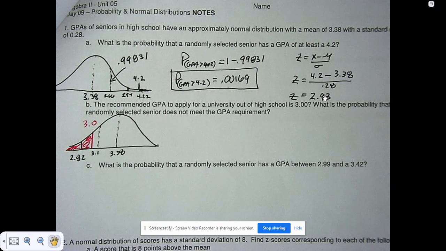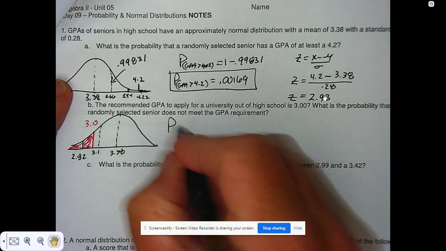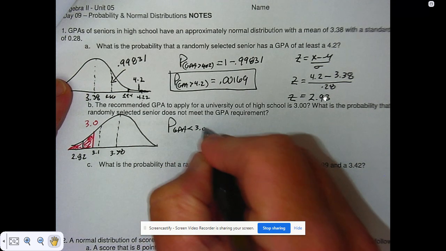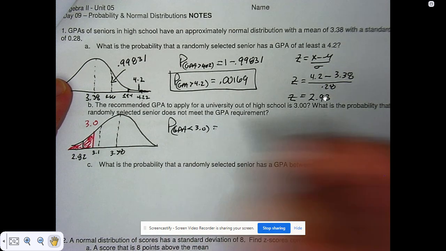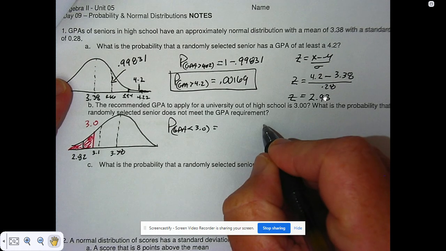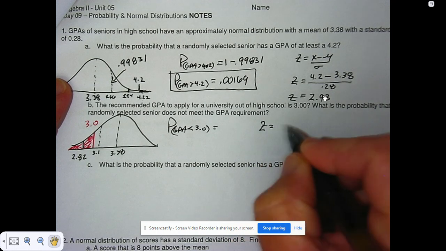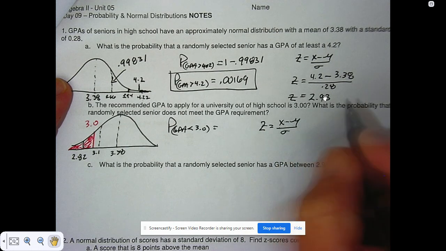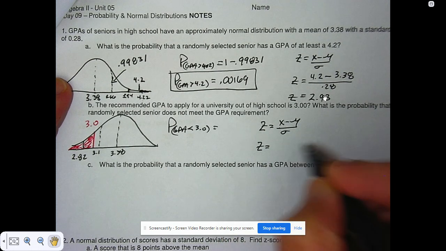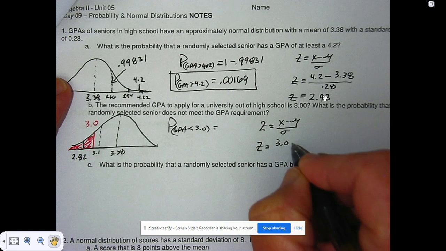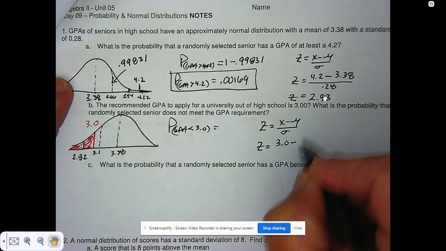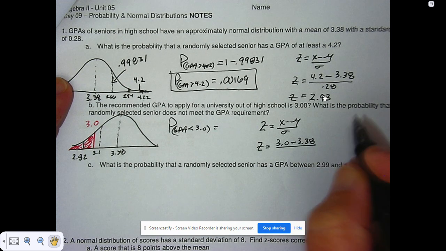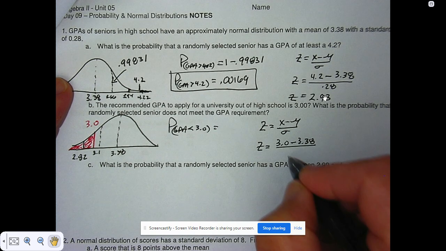So again, we want the probability that our GPA is less than 3.0. And we'll have to use our z-score to find it. Remember, x minus mu over standard deviation. So our score is 3.0 minus our 3.38 mean or mu, over 0.28.